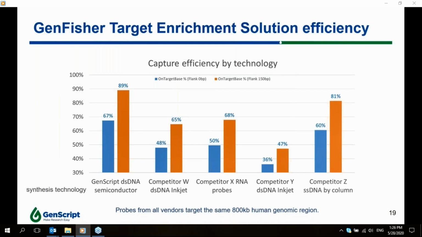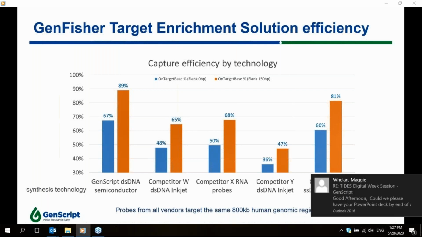As you can see, for this specific capture panel, the probes made with GenScript's semiconductor technology provided the most efficient capture performance, with a padded on-target of close to 90%. Next comes the single-strand DNA probes with pretty strong performance as well, at around 80% on target.